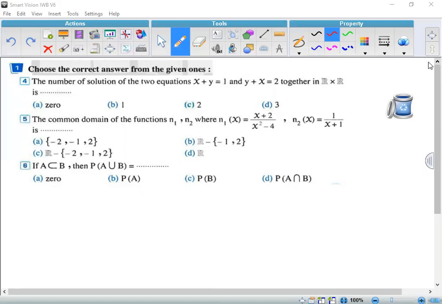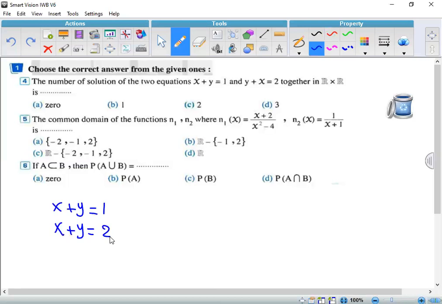We know that the two equations are x plus y equals 1 and x plus y equals 2.